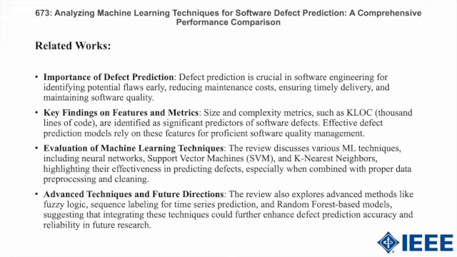Some of the related works we have identified: the major portion of the work has been concentrated on detecting faults by the software engineer. Key findings are that size and complexity metrics such as KLOC have been used by many researchers. Here also we have used a similar pattern for analyzing the machine learning techniques.